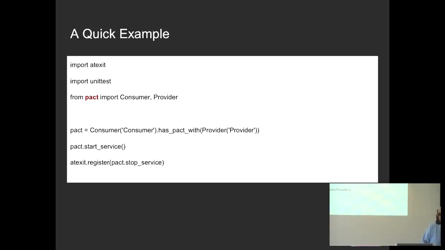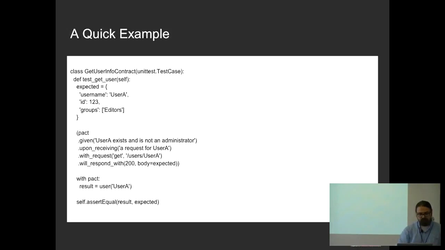So there's some code here, but the most important portion, of course, is this line here. You're basically defining the consumer and the provider objects here. And once you define them, you can simply define a pact. And this is the powerful DSL portion of this whole thing, where you can say, hey, I have this pact with this given: user A exists and is not an administrator.